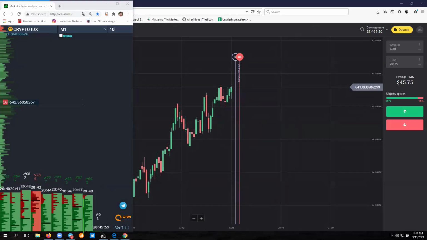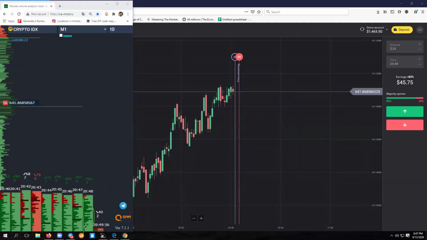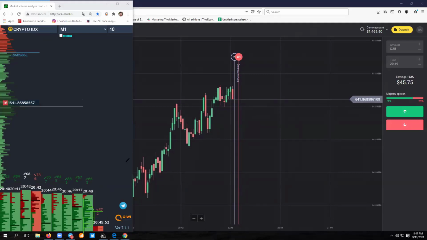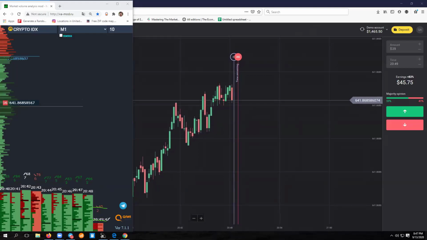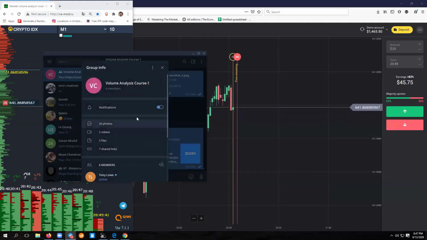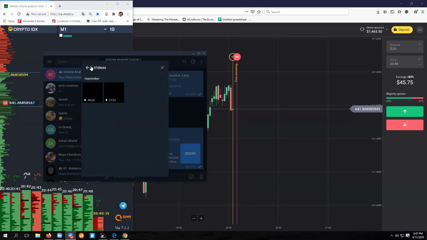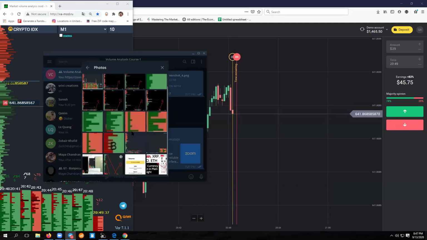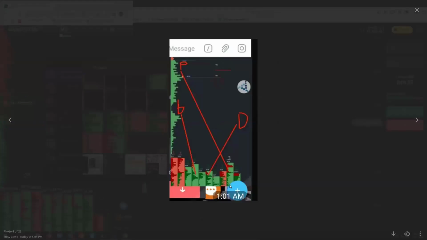For example, this looks like a D shape distribution, but it's not a D shape here because there's a huge POC point here. Here is POC point one, here is POC point two, so it's a confusion area. Look at the distribution curve in the D shape.